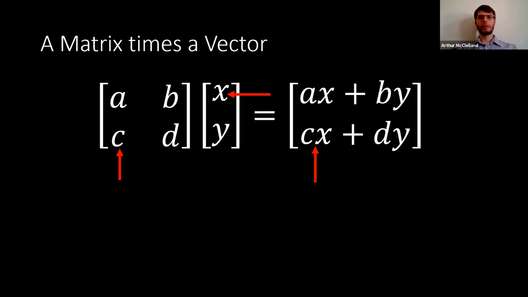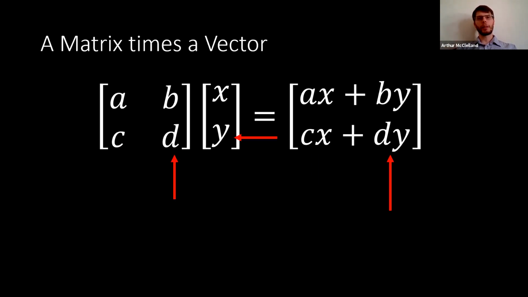C times X plus D times Y is the second element in the resulting vector. So we've gone from a matrix and reduced it in dimensions: we multiply a 2 by 2 matrix by a vector, and then we get just two elements in the resulting vector.